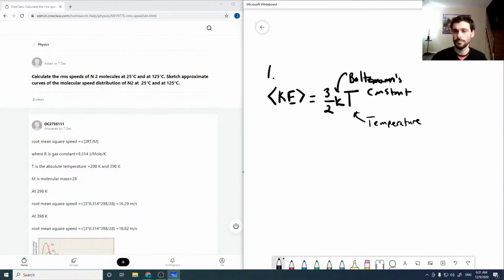So this is kinetic energy, so this is in joules. So Boltzmann's constant is in joules per Kelvin.